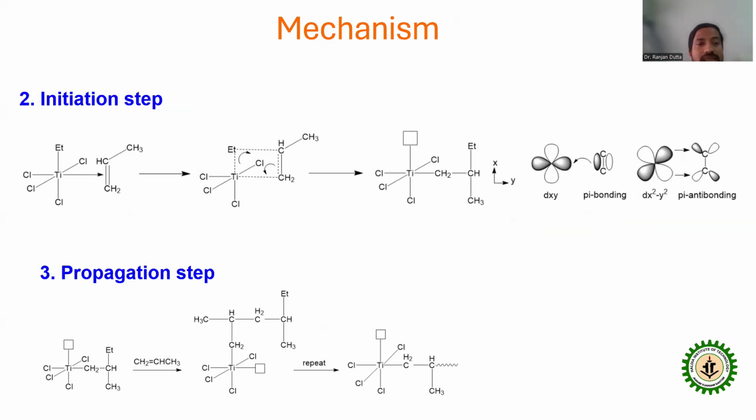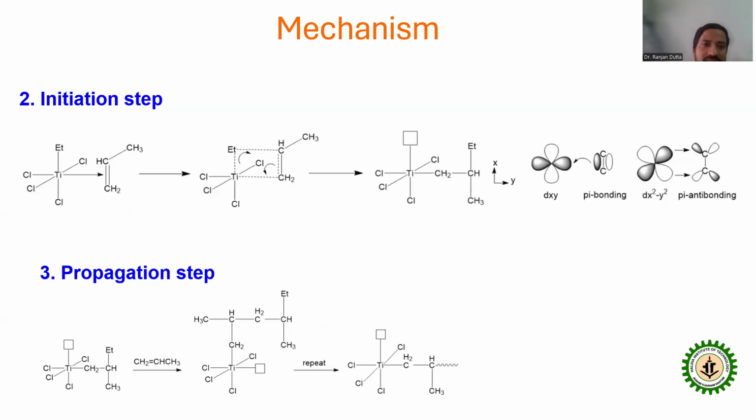On the other hand, our alkene, which contains a double bond, has a filled pi bonding orbital and an empty pi anti-bonding orbital. When the alkene comes closer to titanium, there will be sharing of electrons between the pi bonding orbital and the empty dxy orbital of titanium. At the same time, there will be sharing of electrons between the empty pi antibonding and the filled dx square minus y square orbital. In this way, the metal alkene bond is formed.